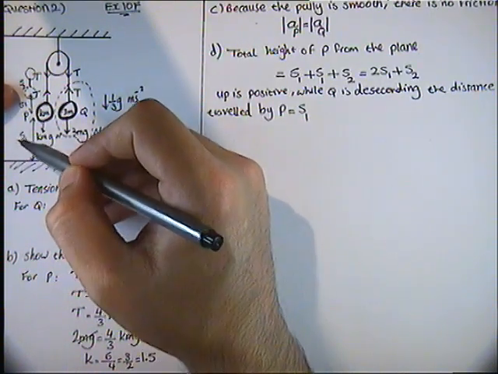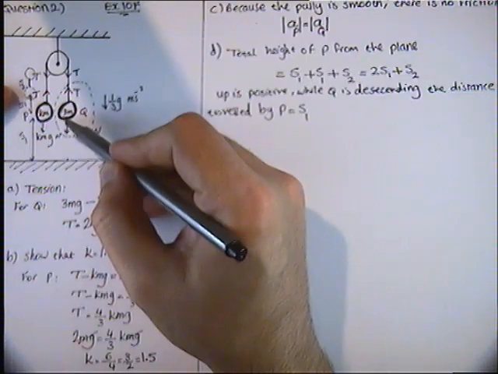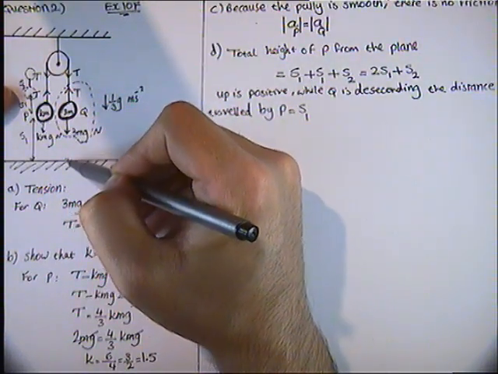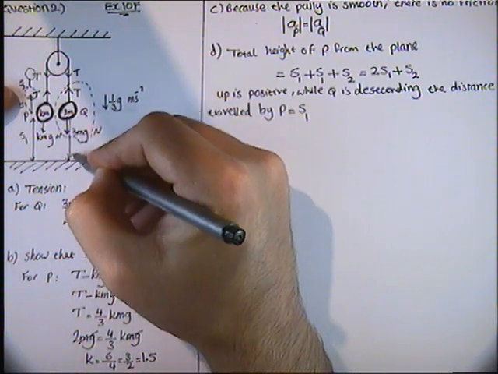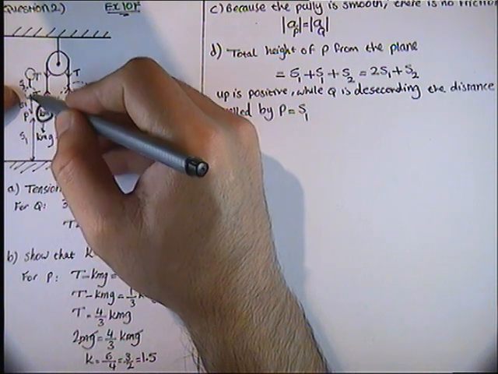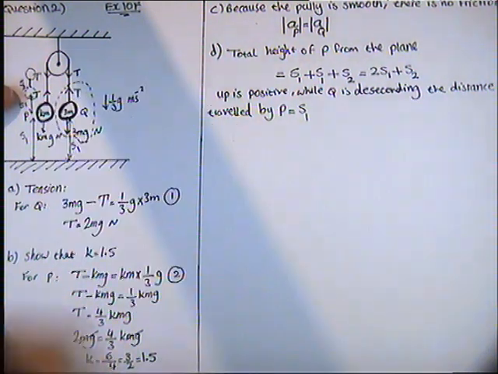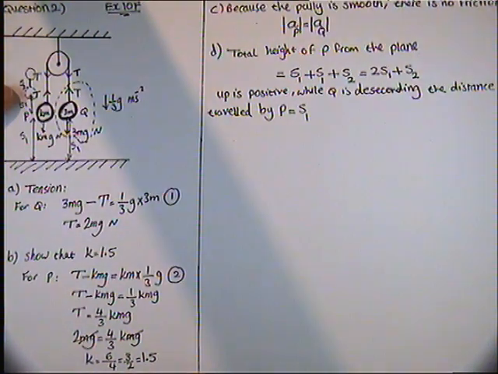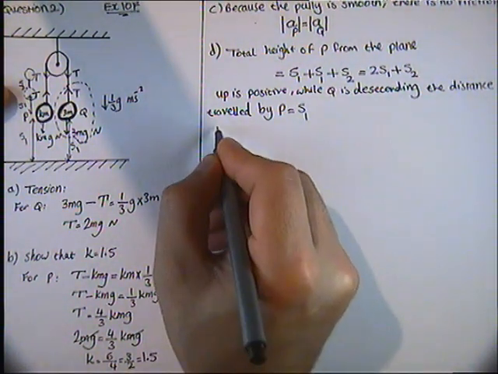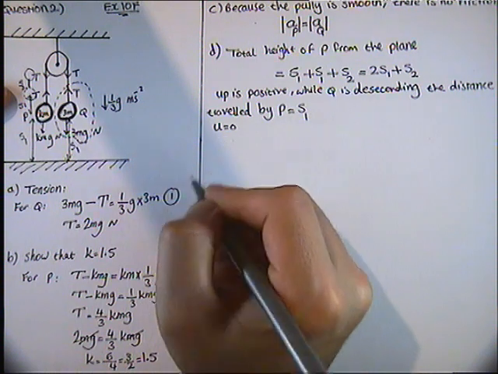So the diagram is not accurate. Q will hit the ground. This one is S1 as well, and obviously P will move the same distance, S1. So what information have we got? We've got u equal to 0.